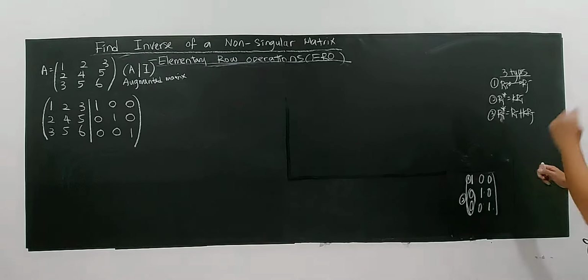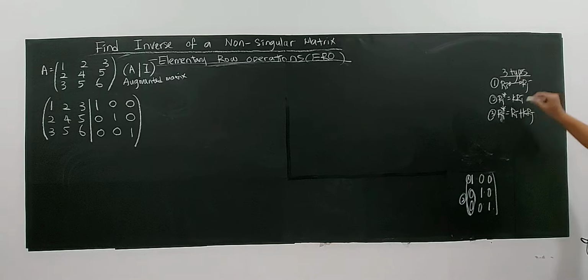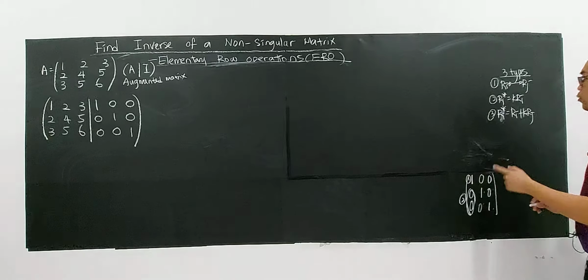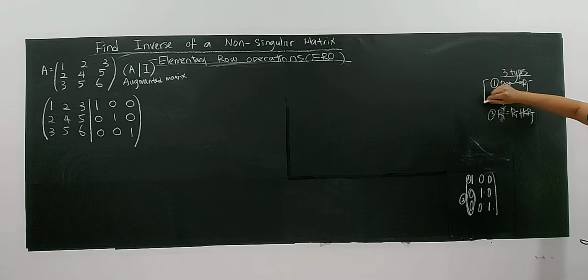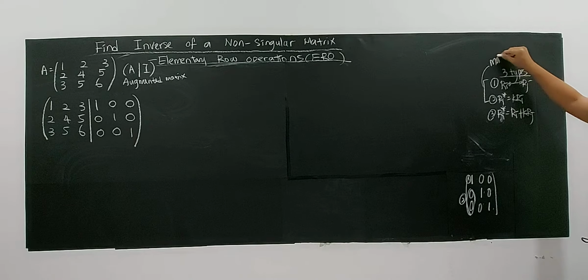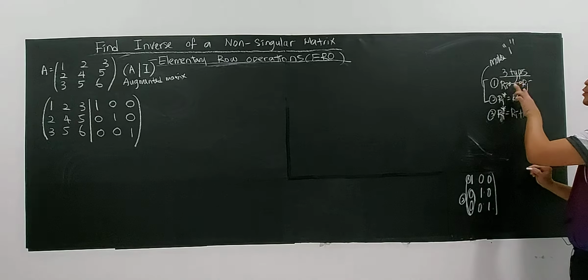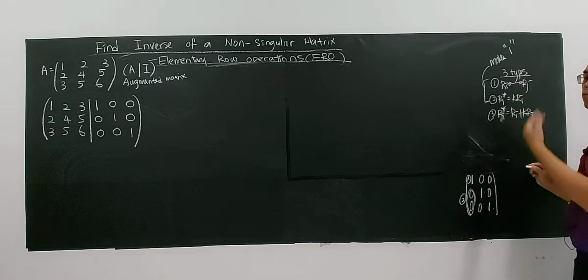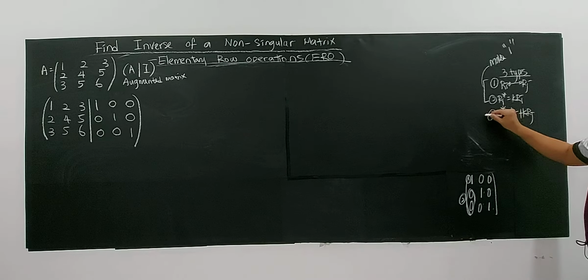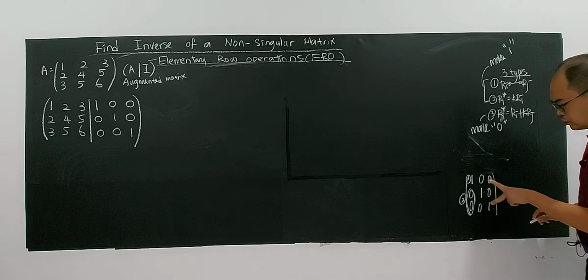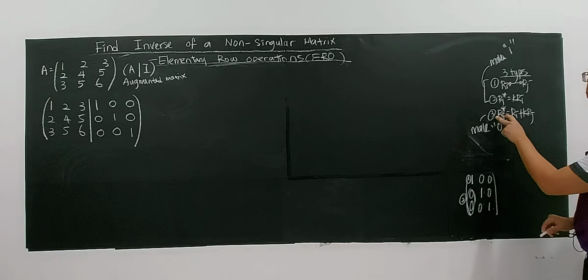So if you want to make something become 1, you have to use either of these two operations: you interchange the row, or you multiply the row by something. And for this, you want to make something become 0, this 2 and this 2. You use the third operation.